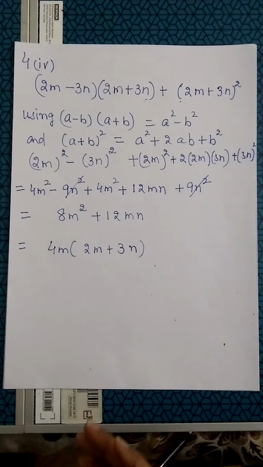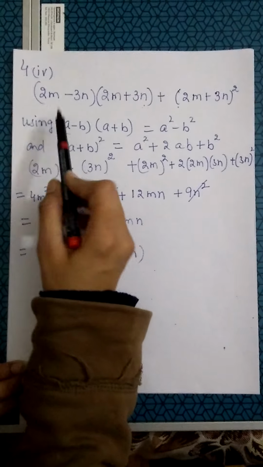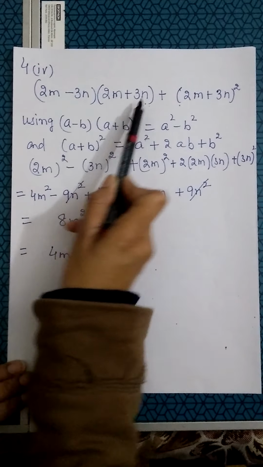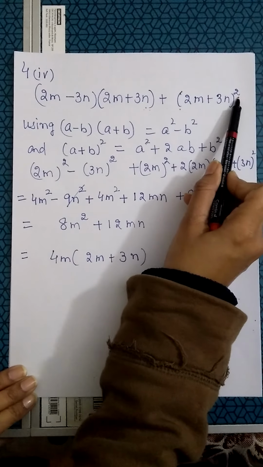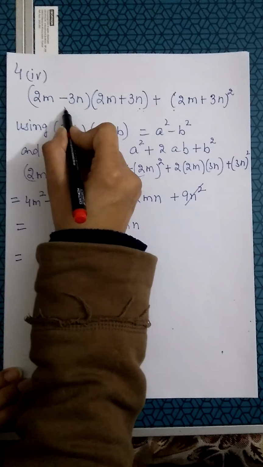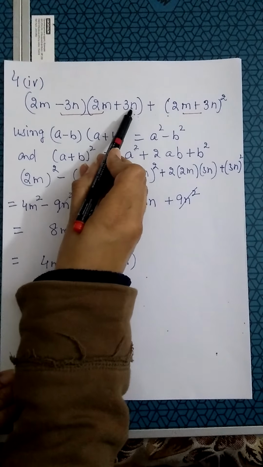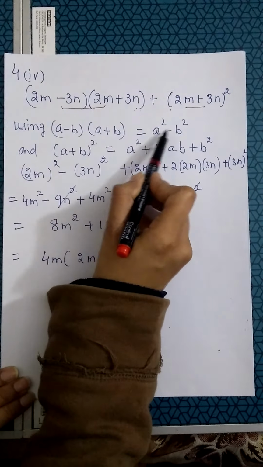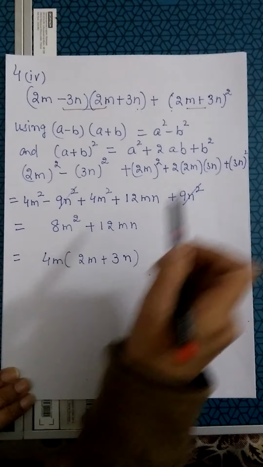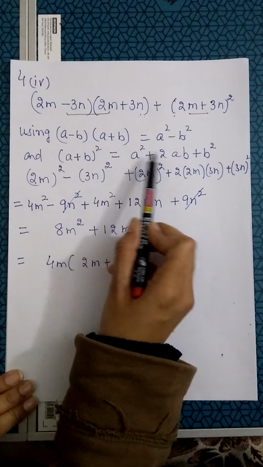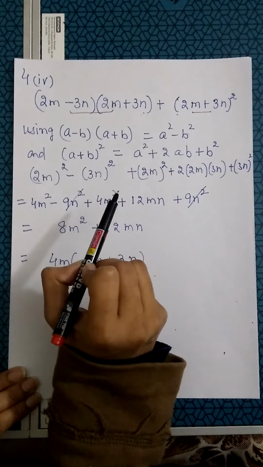Let us take one more example. Fourth part. (2m minus 3n) into (2m plus 3n) plus (2m plus 3n) whole square. Now here we can use two identities. One is (a minus b) into (a plus b), that is equal to a square minus b square. And secondly, (a plus b) whole square, which is equal to a square plus 2ab plus b square.